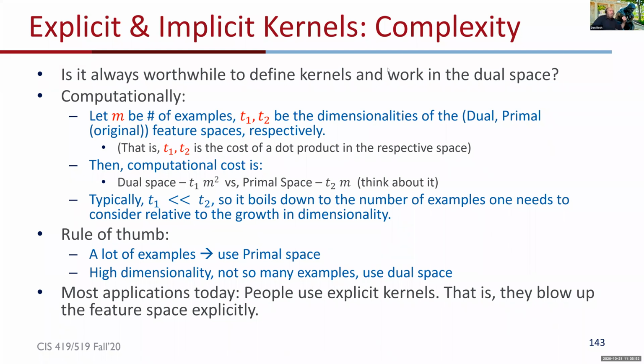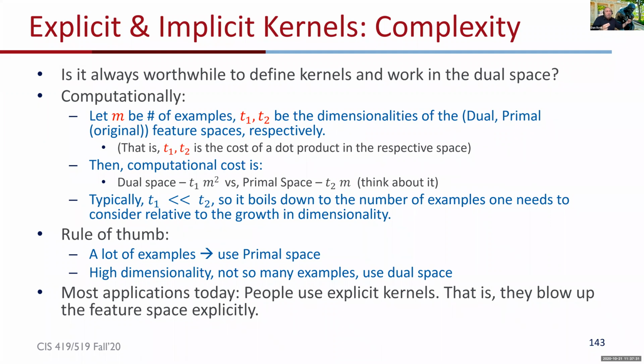So as opposed to W that you maintain here, you maintain just the set of examples. And that's why you get M squared, right? Because you have M examples, and each one of them, you're going to do a dot product with all the other examples. Well, in fact, all those that are before it. But still, the order of magnitude is all examples, each example with all the other examples. So you have M squared dot products, and each dot product is going to cost you T1 because the dimensionality is T1.